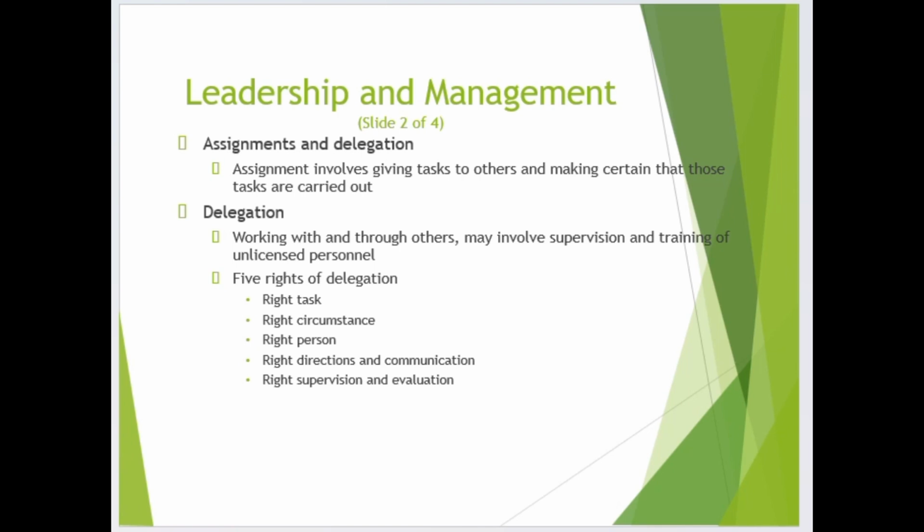Okay, so a leader or a manager can do all of these roles. They can make assignments and they can delegate. Nurses are often leaders. They can be managers, in the management part of nursing, where they're probably the leader of a group of nurses.